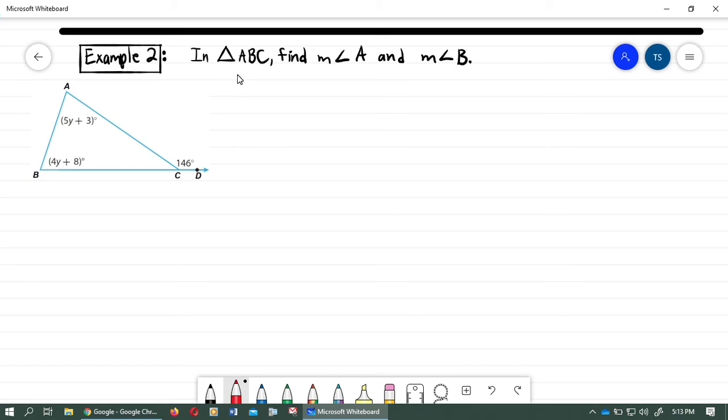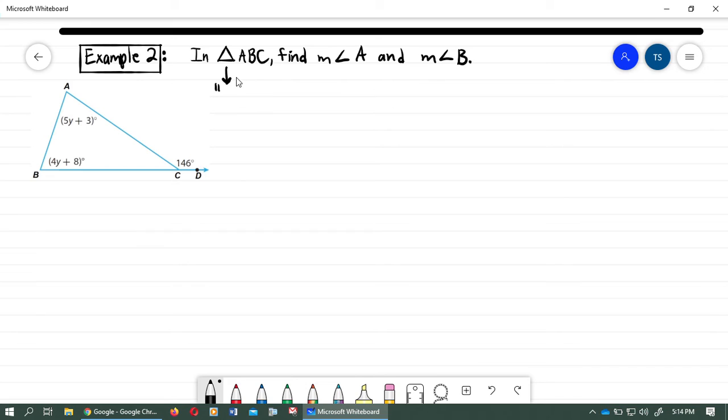So they say here, in triangle ABC, by the way, if you didn't know what that symbol means, instead of writing out the actual word triangle when they're naming a triangle, sometimes they'll use that symbol that looks just like a triangle. You see the symbol?